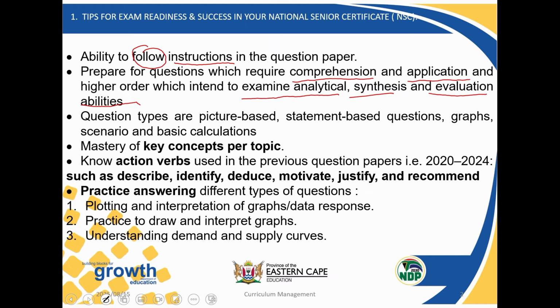These are the skills that we expect you to have mastered during the course of the year, so that come the time for the senior certificate examination, you are ready to analyze those scenarios.